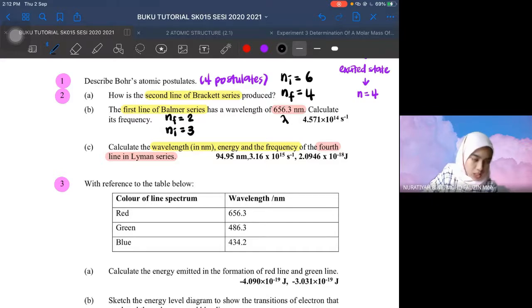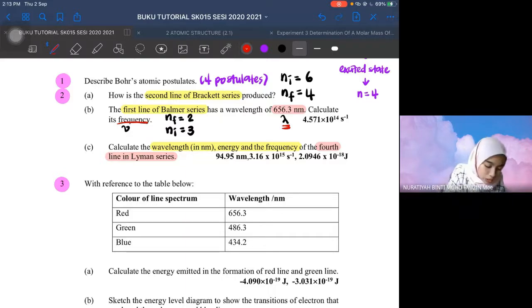Calculate its frequency. The symbol for frequency is nu, like a V. So we want to find the frequency. What formula can we use? And we have the wavelength, lambda.